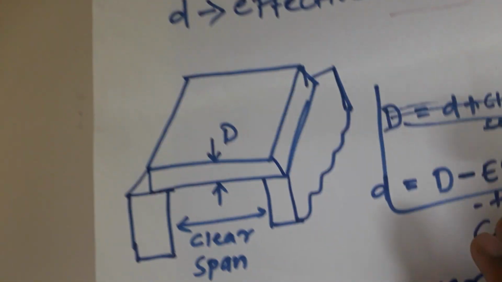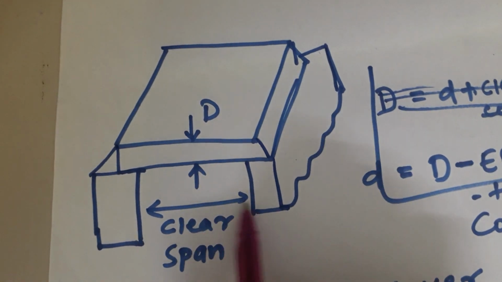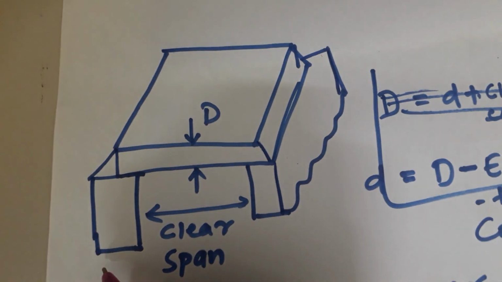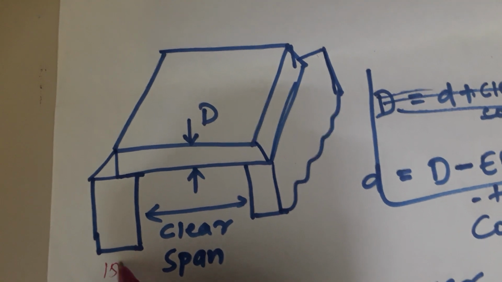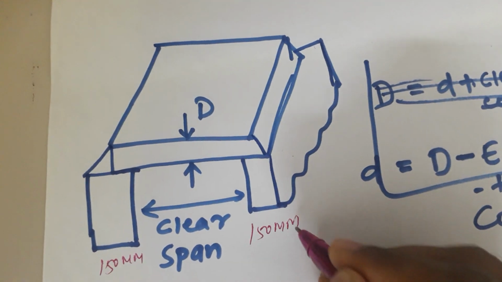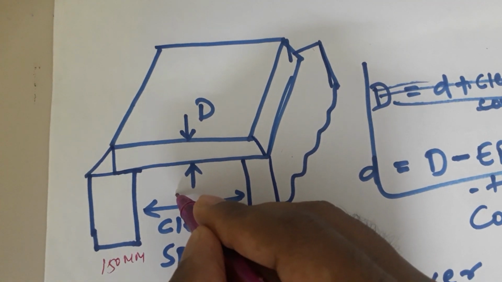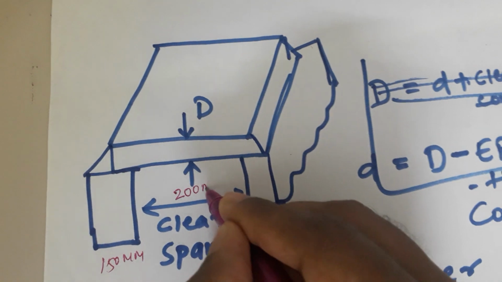So here this is the slab and this is the clear span. Suppose this support is 150 mm, this support is also 150 mm, and this clear span is 200 mm.